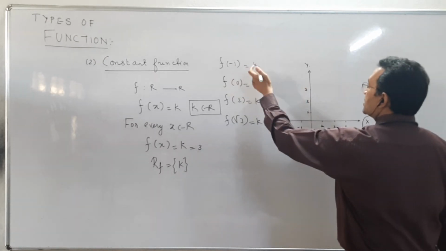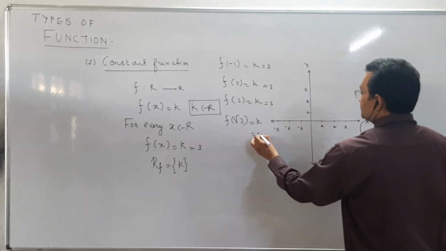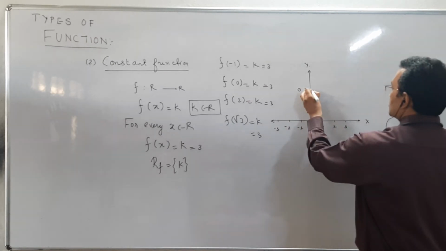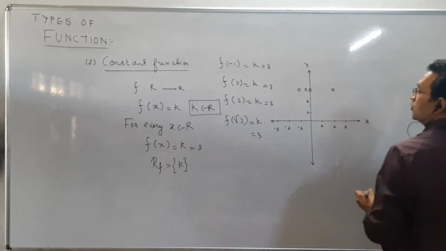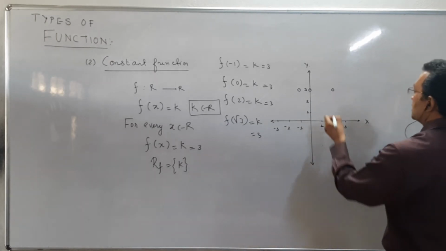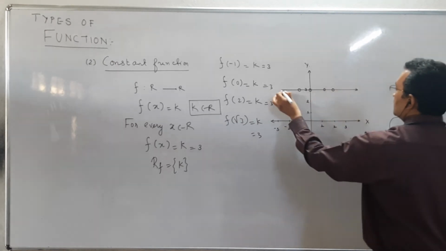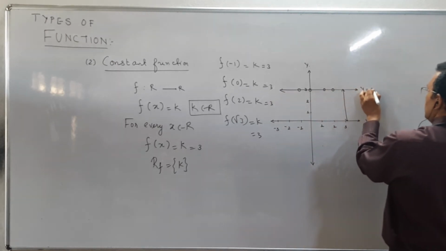So f of -1 will be also 3, f of 0 is also 3, f of 2 is also 3, f of root 3 is 1.73, that is also 3. So its graph will be a horizontal line parallel to x-axis. This will be y is equal to 3.